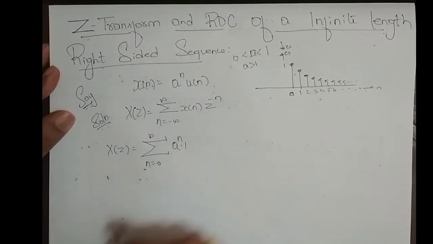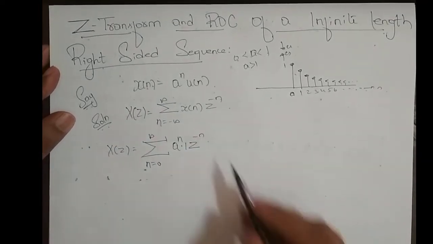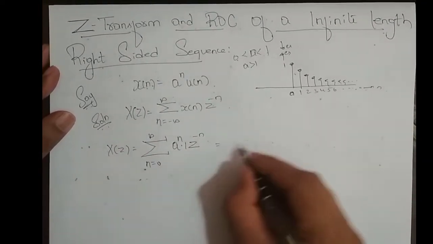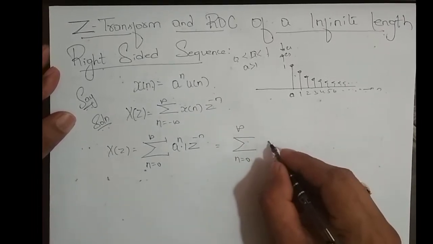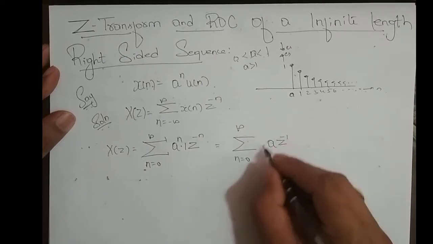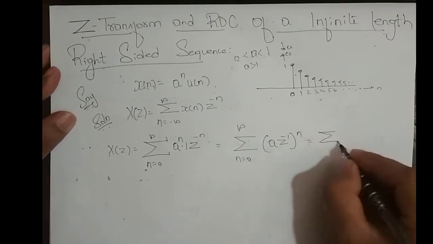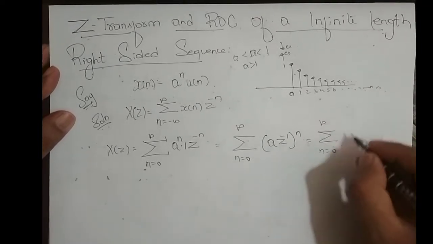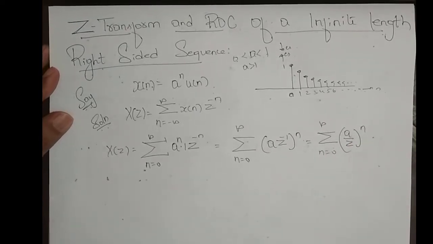So a power n times 1 into z power minus n. This is equal to summation n from 0 to infinity of a into z power minus 1, whole power n, and I can write this as summation n from 0 to infinity of a by z whole power n.